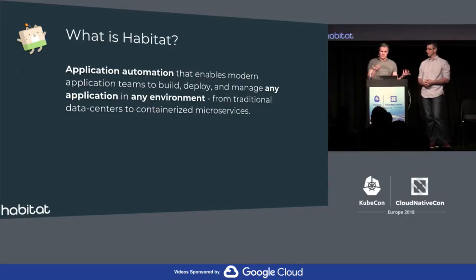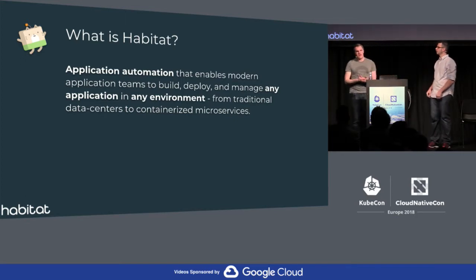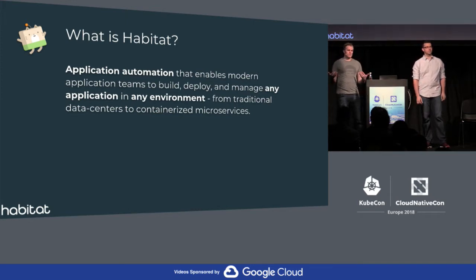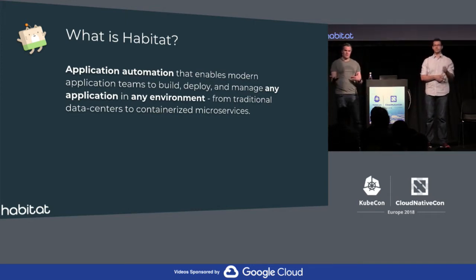It just so happens it works in others. The way that we're doing that is by embedding some kind of smarts and automation into an artifact that ships with your application. So we call it automation that travels with your application.